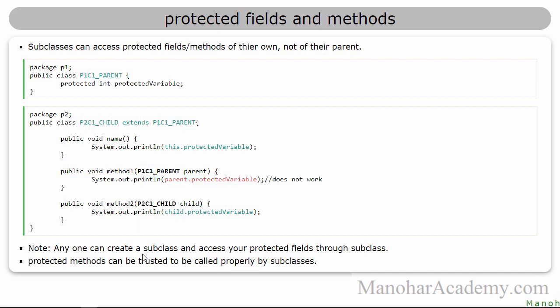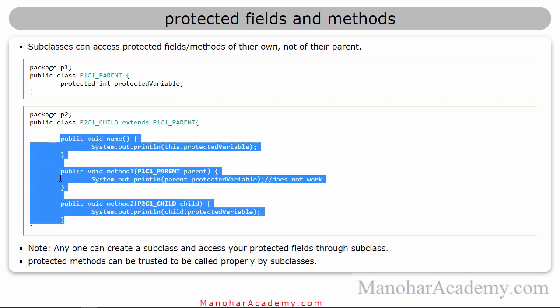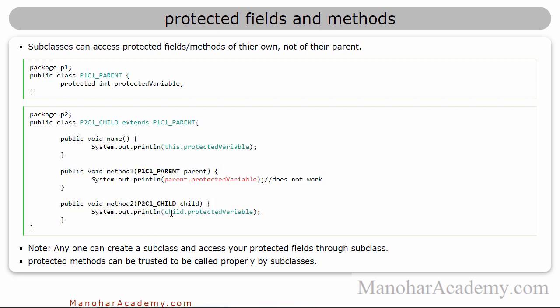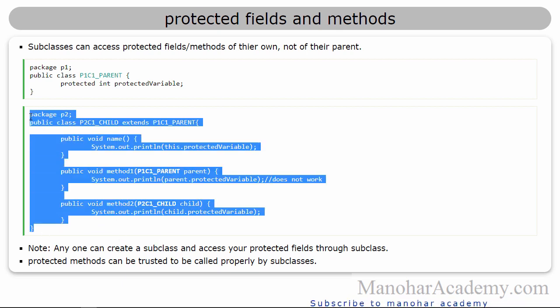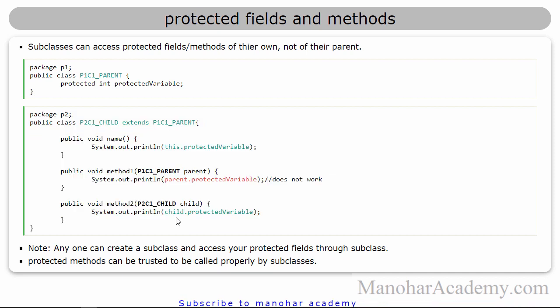Okay, having said that, protected fields are less common, because we have this problem with inheritance: even though they are accessible inside the child class, you can't peek into parent class objects. So it is not that useful, and someone may abuse this by just creating subclasses, and they will have access to private fields, not of the parent but their own.